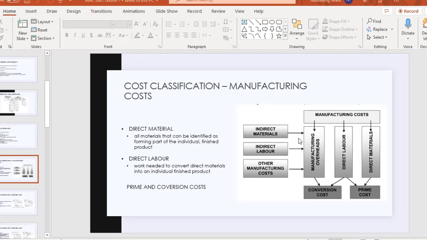I would say they don't change with the level of activity. Instead, they remain constant. An example would be your rental. Yes, rental, a perfect example. Rental doesn't care if you produced anything. You could have produced 50 tables this month, they don't care.